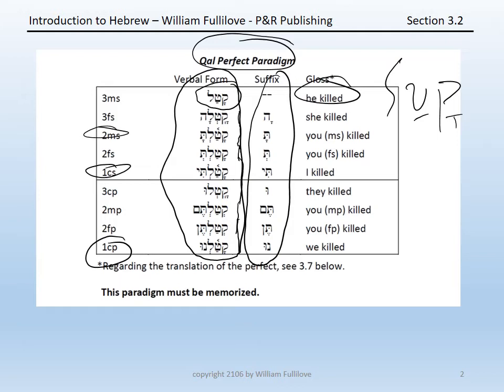When you see qatal, it gives you the same information as when you see saraf. The root letters have changed, so the gloss will change, but you are again seeing a third masculine singular form. In this case, he burned.